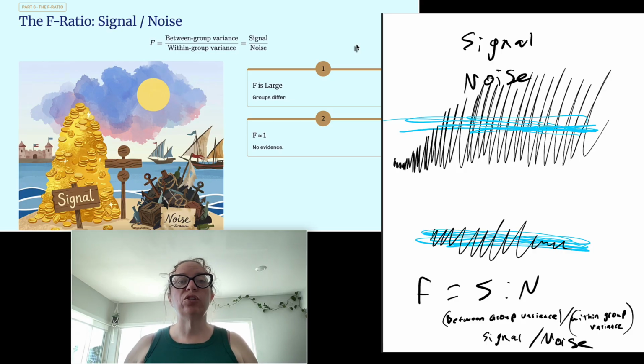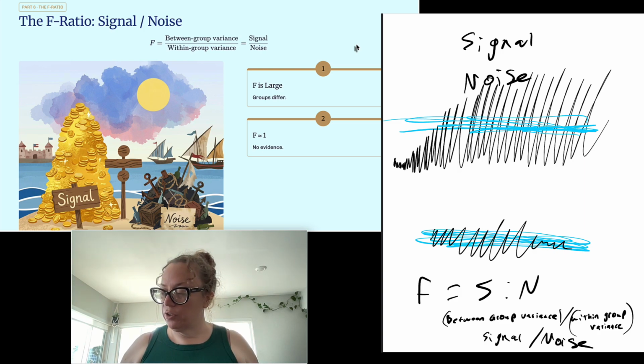If the signal is much bigger than the noise, F is going to be large, and we can conclude that the groups differ. If the signal is similar to the noise, if F is near 1, we conclude that we don't have evidence for the groups to differ.